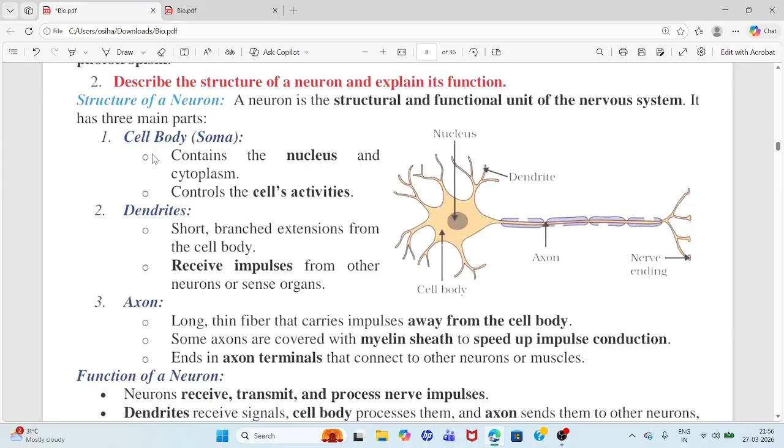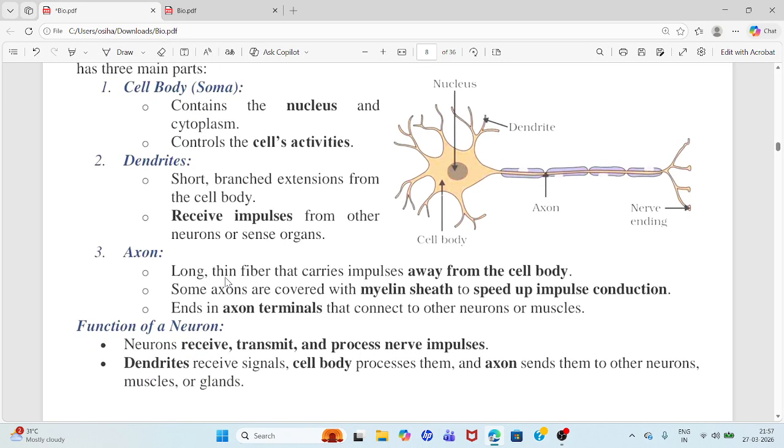It has three main parts: cell body, dendrites, axon. The cell body contains nucleus and cytoplasm, and controls the cell's activities. Dendrites are short branched extensions from the cell body. You can see from this diagram also.